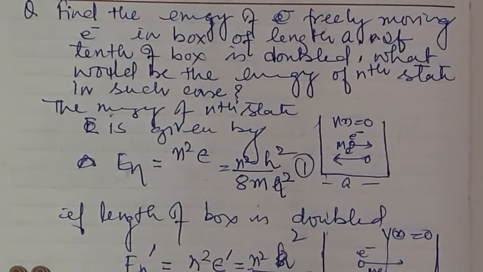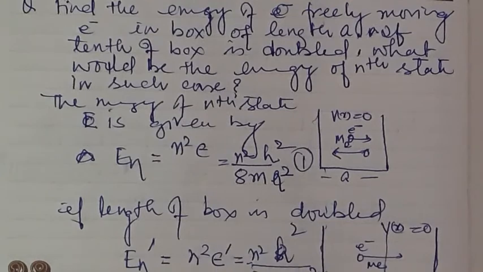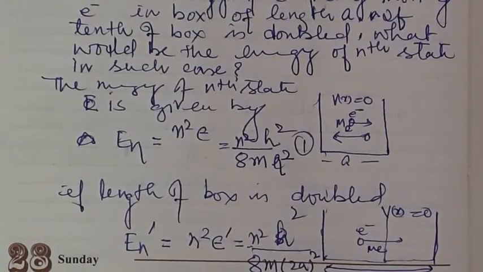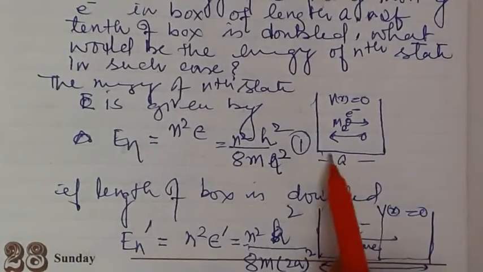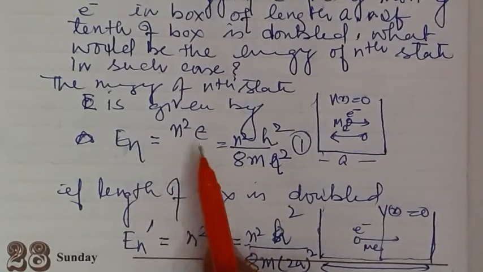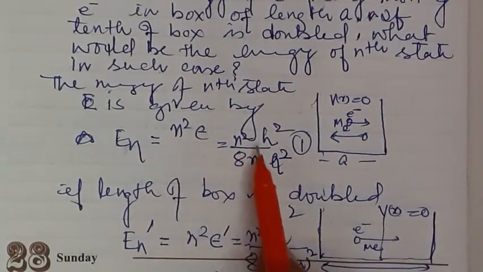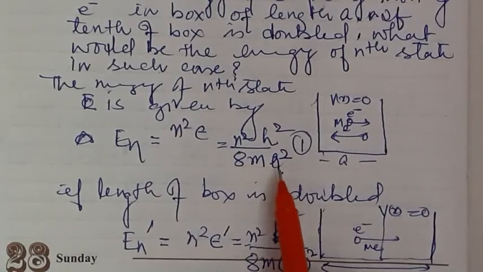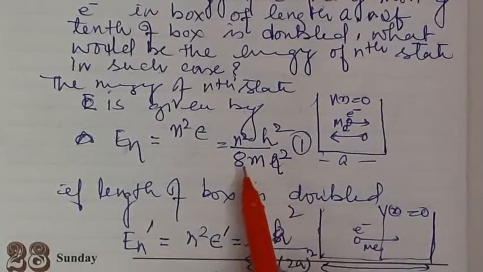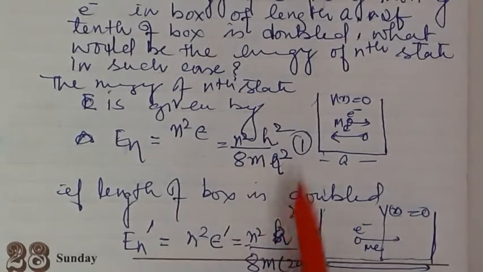The energy of the nth state when the box has length a is En equals n square epsilon, where epsilon is h square over 8 m a square. So we have the energy En equal to n square h square over 8 m a square.